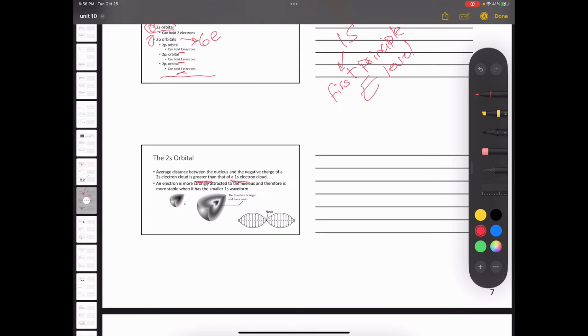Going back to the 2s orbital, they noticed that there is a node right in the center of the 2s orbital in the second energy level.